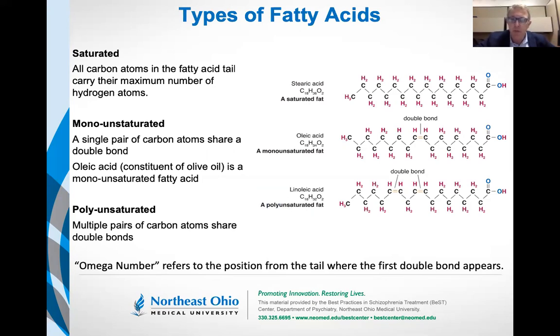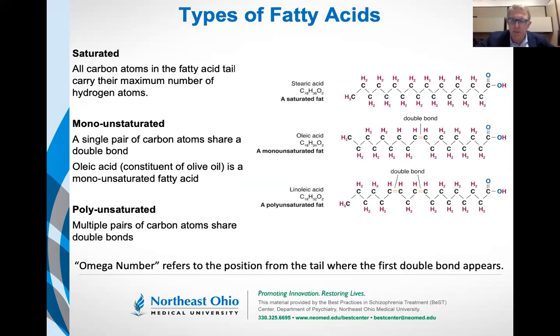But when a carbon in the carbon chain is double bonded to another carbon atom, that means you can't pack as many hydrogens onto that. So if there's one double bond, we call that fatty acid monounsaturated because there's one point of unsaturation in the carbon chain. And if there are multiple double bonds in the carbon chain, we call those polyunsaturated.